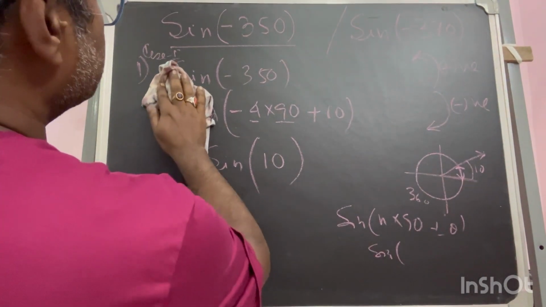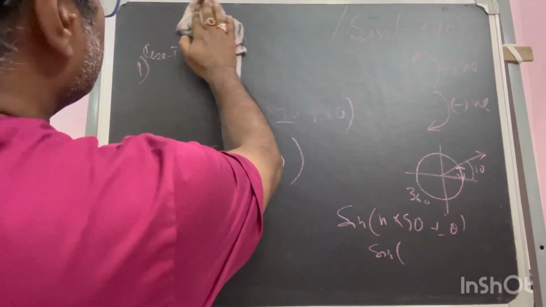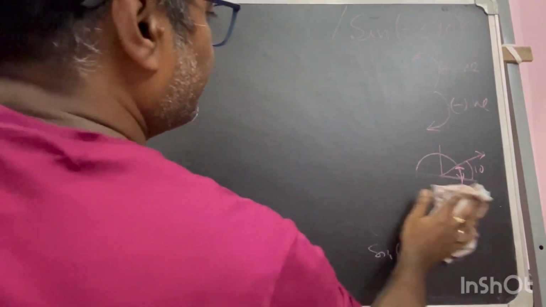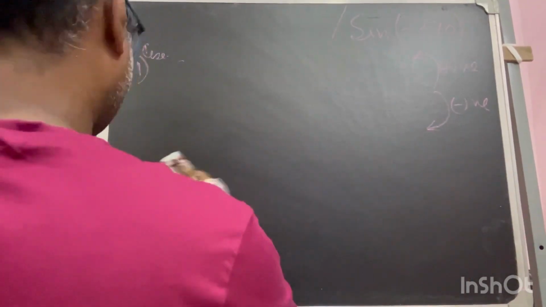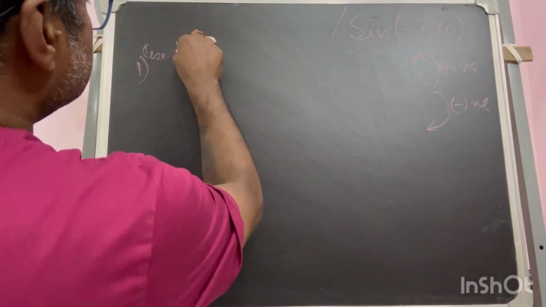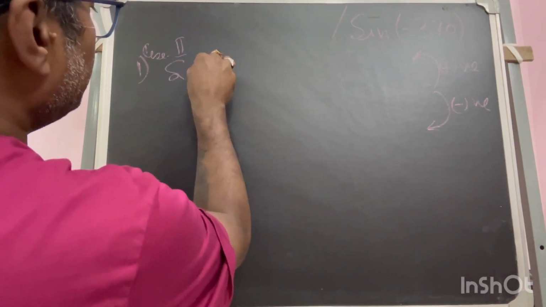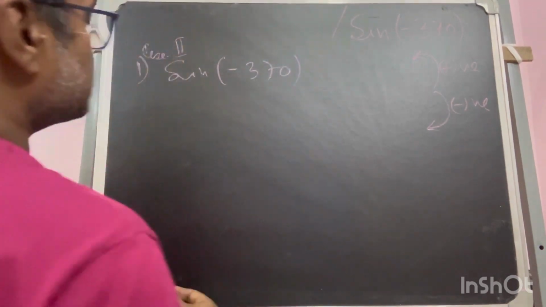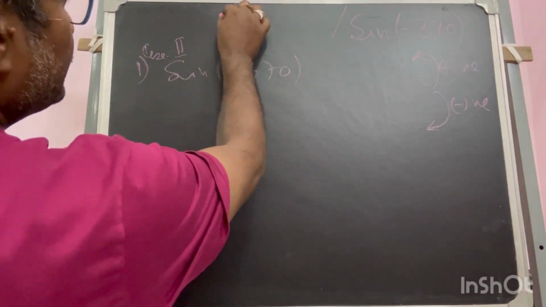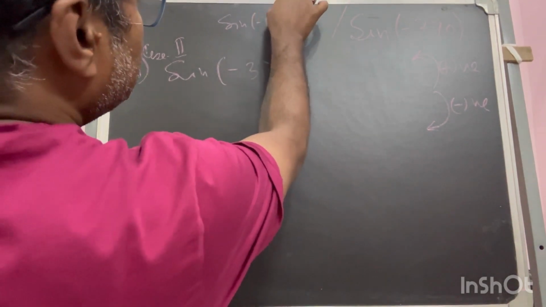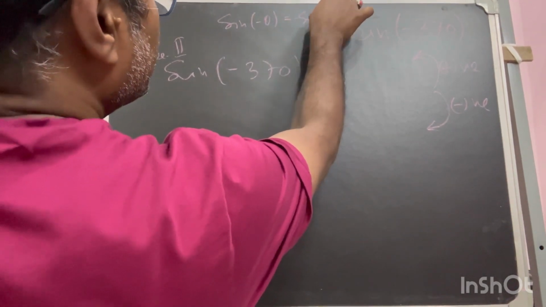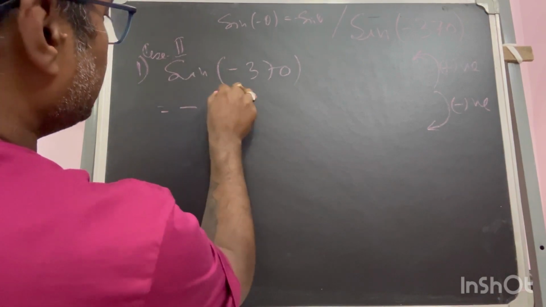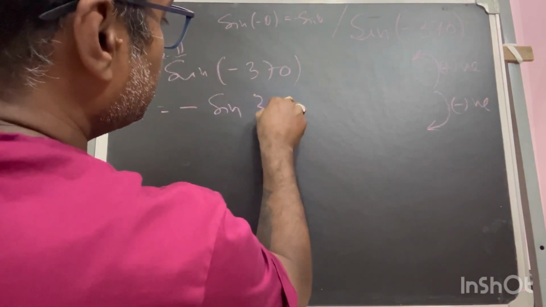Now take another example, the example of 370. So I will first solve it by case 2, sine of, why I am taking this you will come to understand. If I follow the same, sine of minus theta is equal to minus sine theta, that way straightway I can say sine of 370.